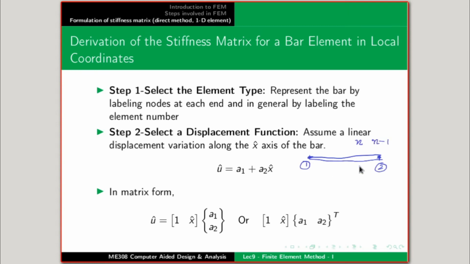Since here we have two nodes, the displacement function will be a first degree polynomial. We can represent it as u cap equal to a1 plus a2 x cap. The same thing we can represent in matrix form.